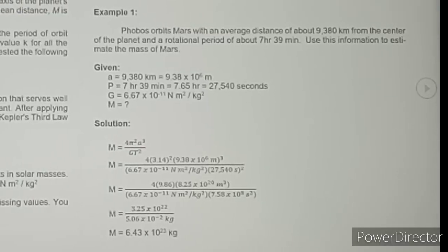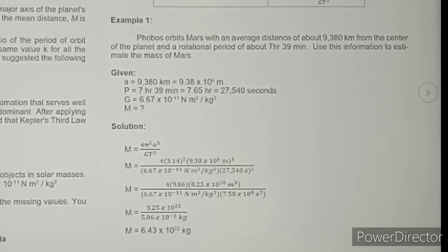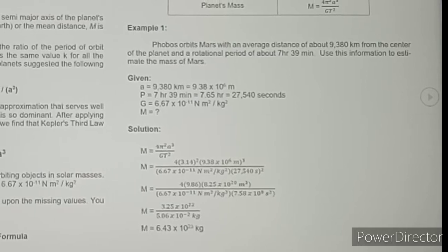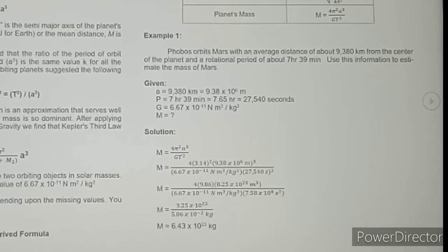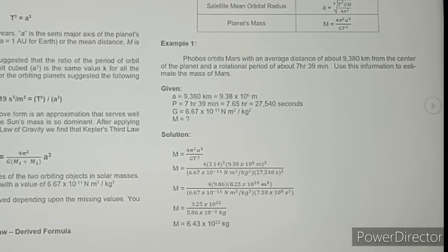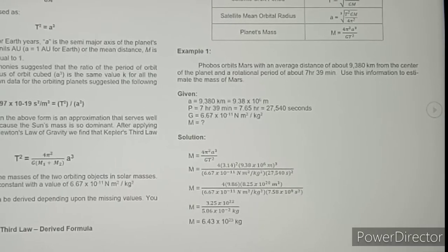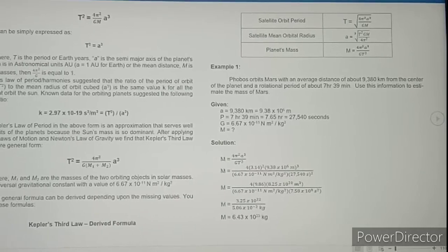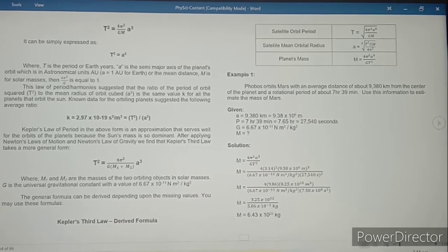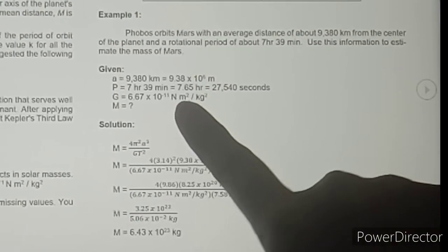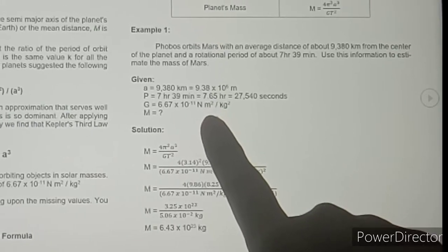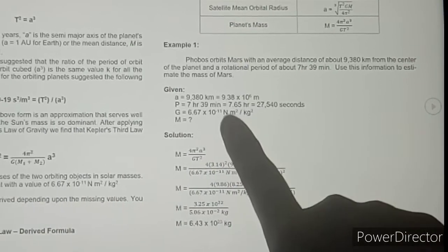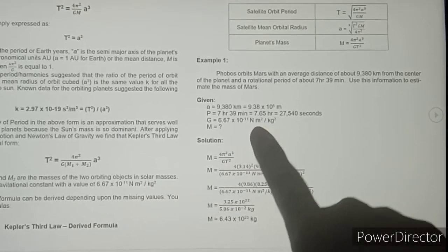So in here, the orbital radius is 9,380 kilometers, or it is expressed in scientific notation as 9.38 times 10 raised to 6. Why? Kasi we need to cancel out the units, which is meter, on the gravitational constant natin.